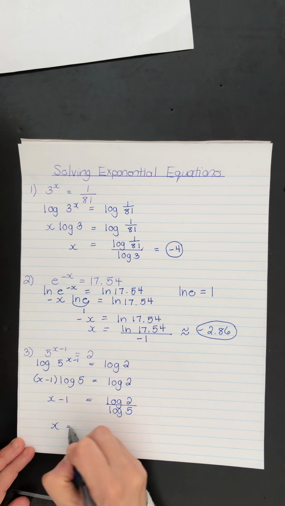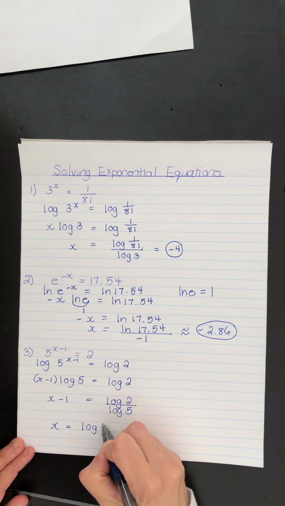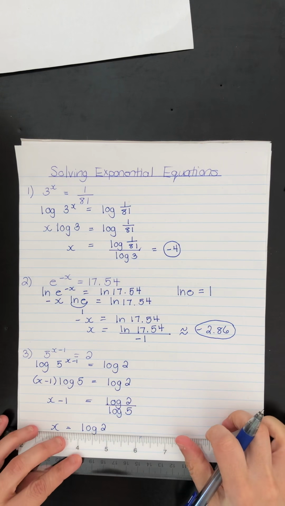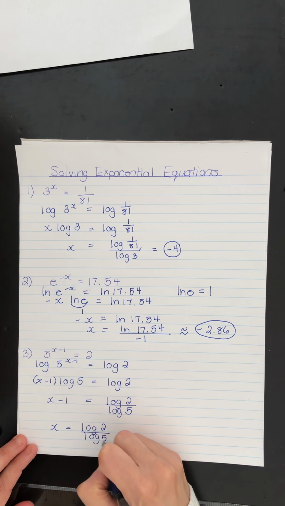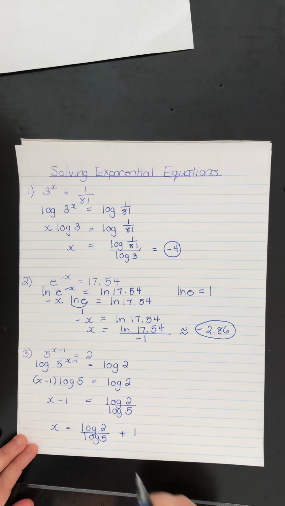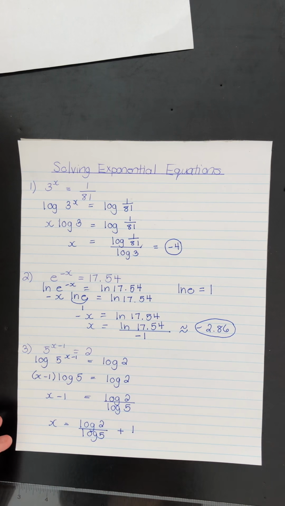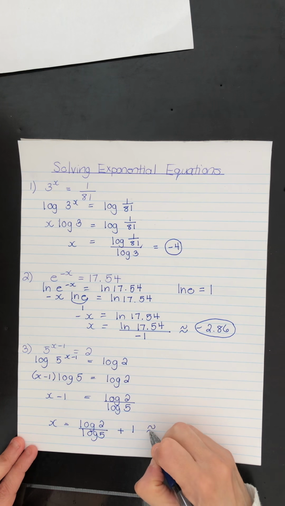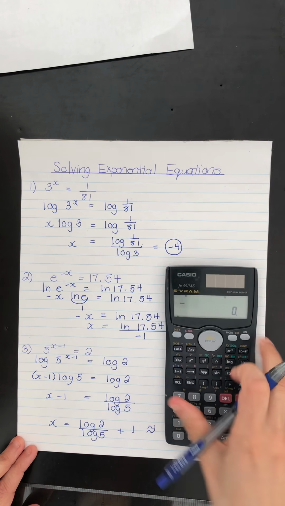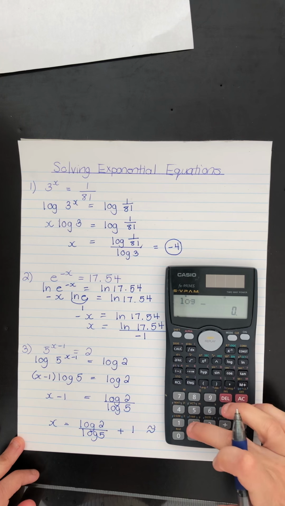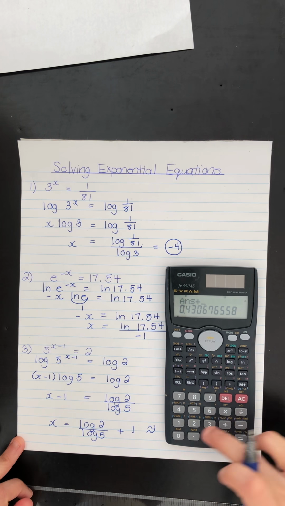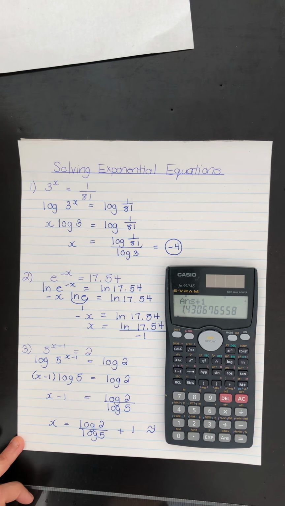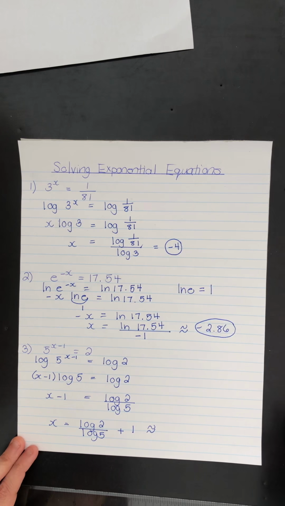So here's where we will change from subtraction of 1 to addition of 1. So this is correct for the value of x. We work it out. Log 2 divided by log 5. Add 1 and round to 3 significant digits. 1.43.